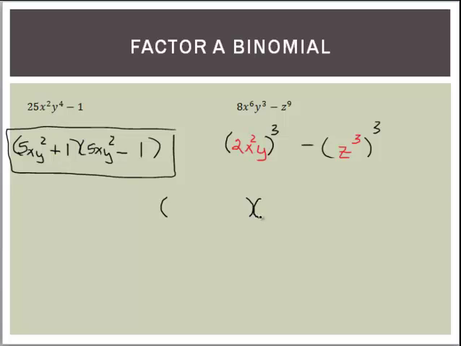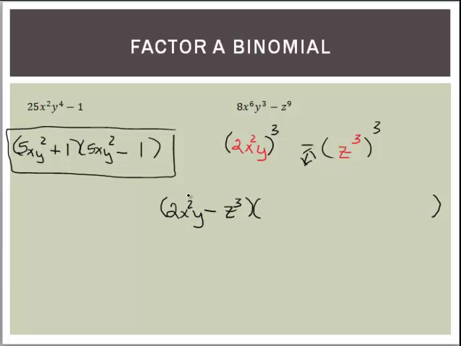You have a short set and a long set. So the first thing you do is figure out what you cube to get the first term, put it here. What do you cube to get the second term? Put it here. This sign goes here.